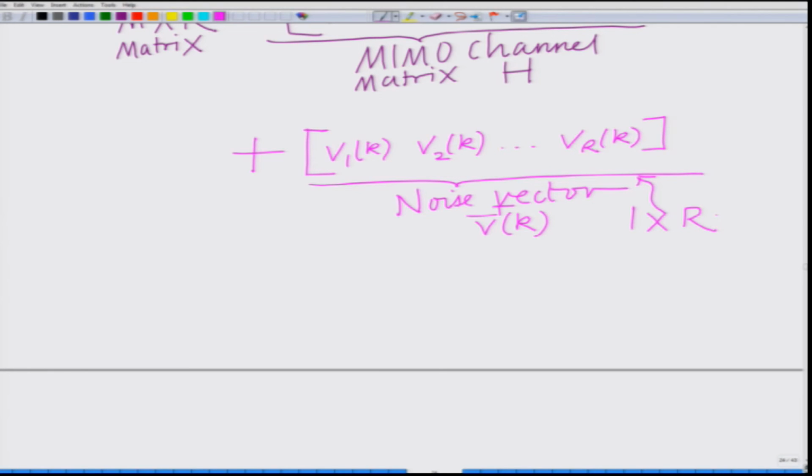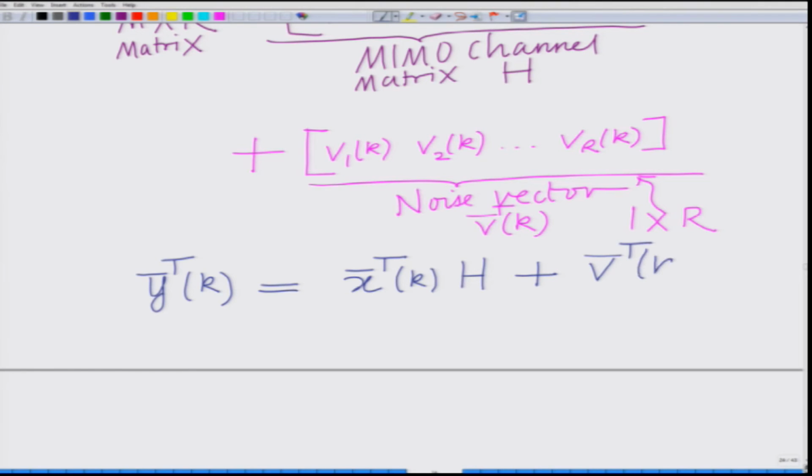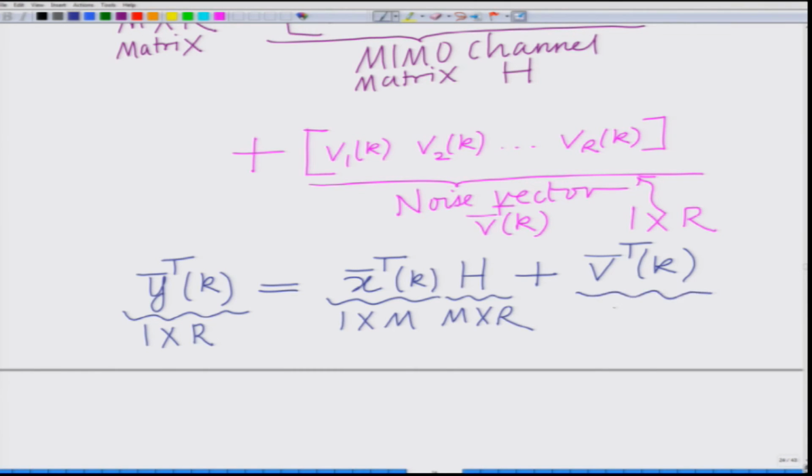So this is a 1 cross R vector, and therefore what you have is y bar transpose k equals x bar transpose k times the MIMO channel matrix H plus V bar transpose k. Just to confirm this again, this is your 1 cross R received vector, this is the 1 cross M transmit vector, this is the M cross R MIMO channel matrix, this is the 1 cross R noise vector V bar transpose k.